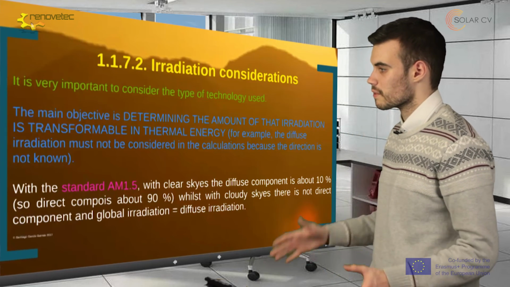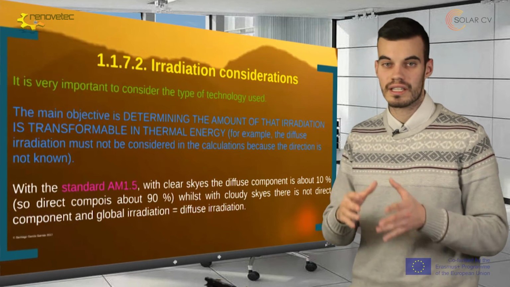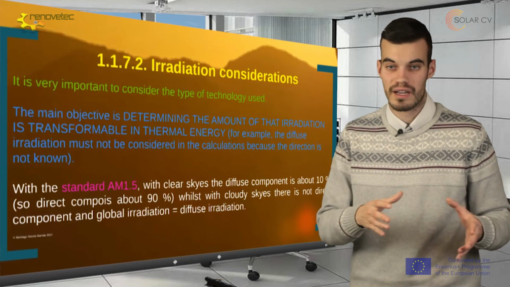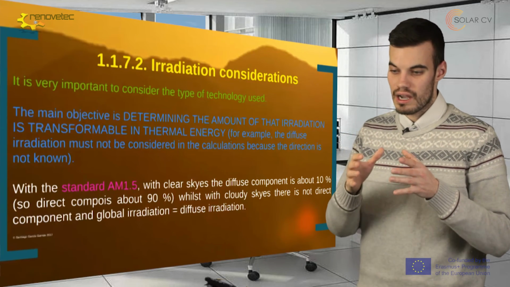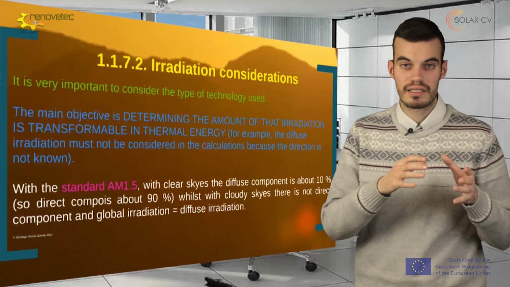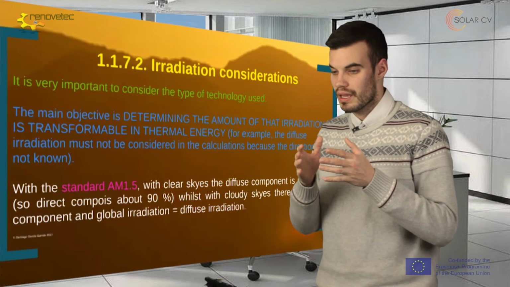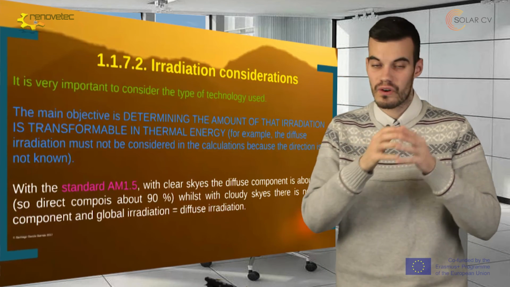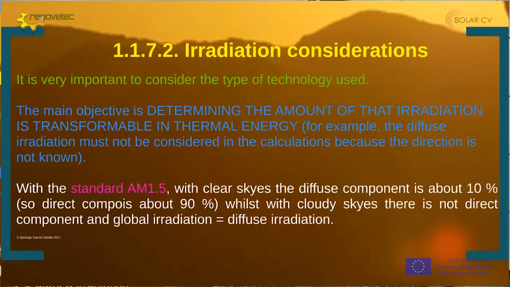The main objective is determining the amount of that irradiation for a given area, because we are going to have our solar thermal power plant, and we need to know perfectly for each moment how much energy we are receiving from the space, from the sky.